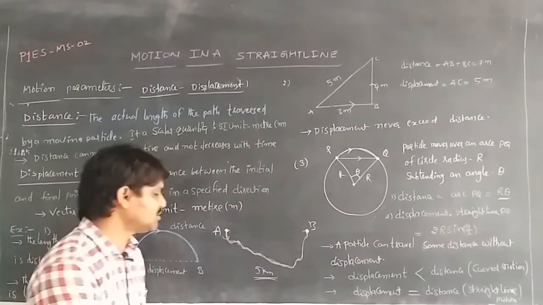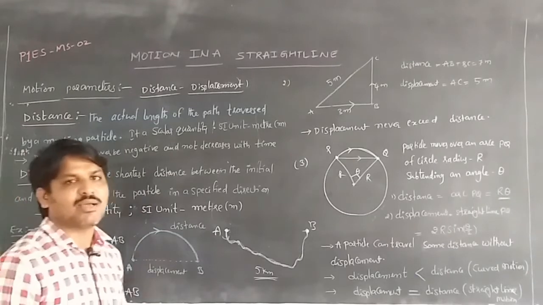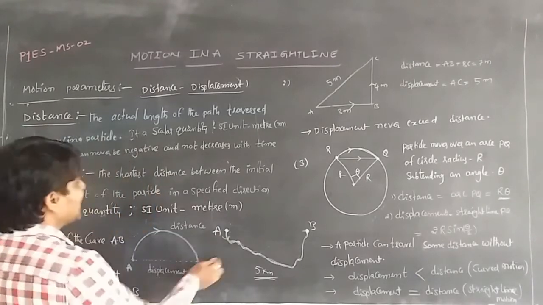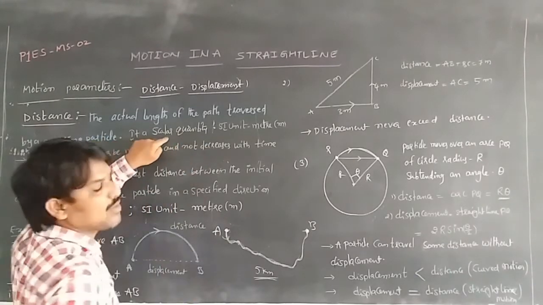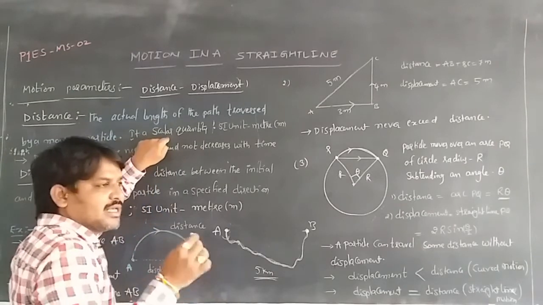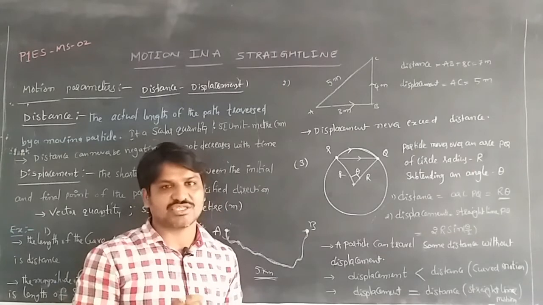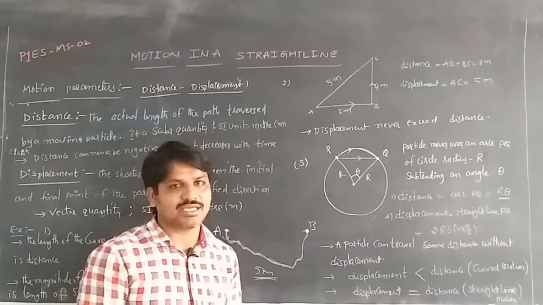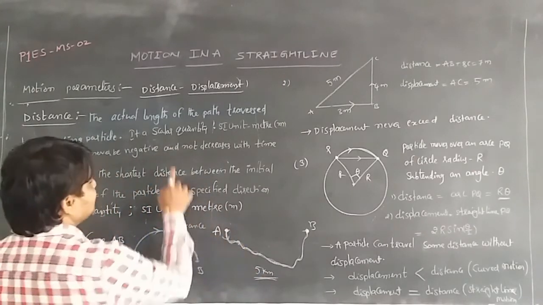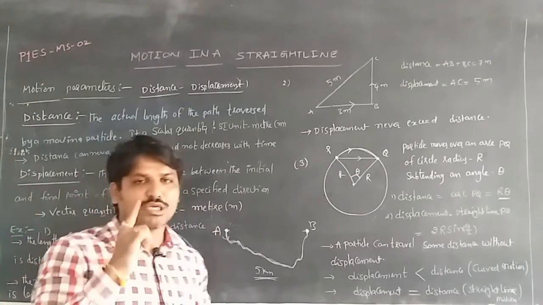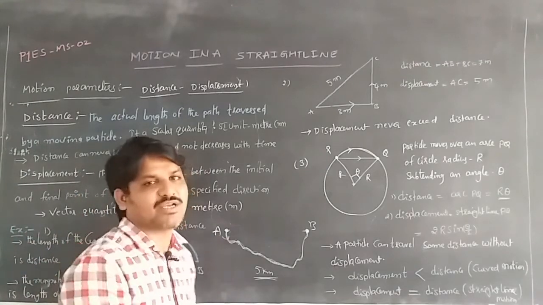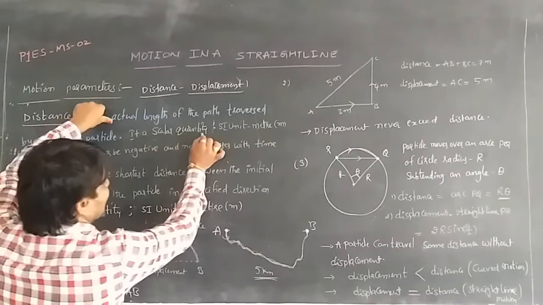So that's why it's a scalar quantity. A scalar quantity is a physical quantity which has only magnitude but no direction. Here the distance has only magnitude but no direction, so distance is considered a scalar quantity.